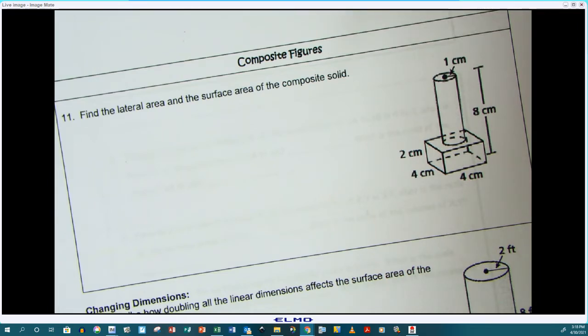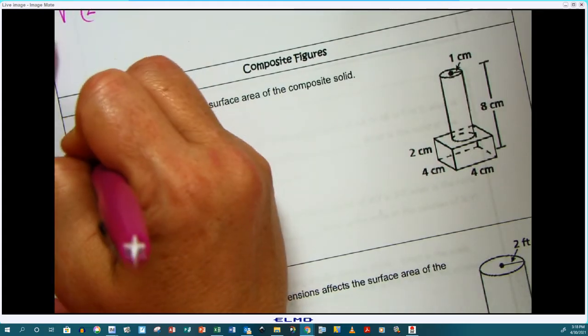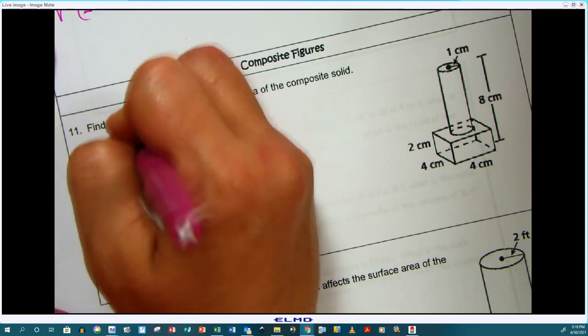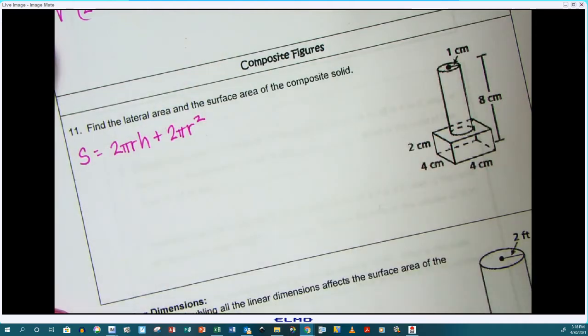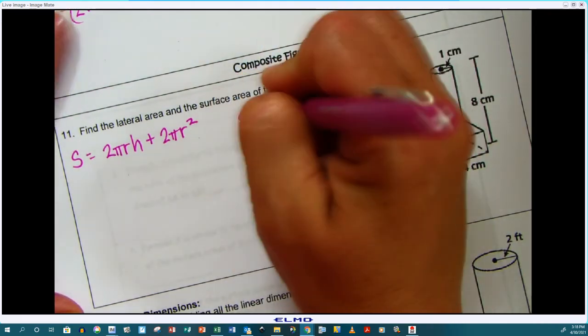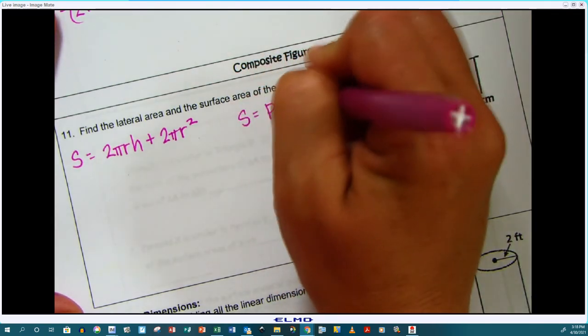So let's do the surface area of our cylinder. So the surface area of our cylinder is 2 pi r h plus 2 pi r squared. And then let's do the surface area of the prism, which is ph plus 2B.